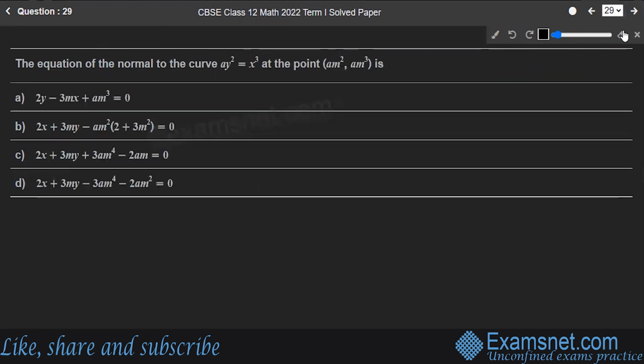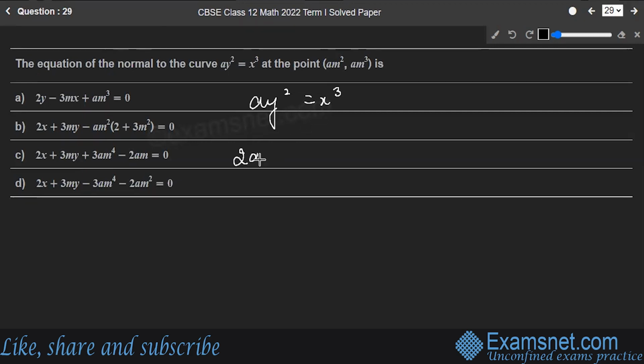Next question, number 29. Equation of the normal to this curve at this point is. So you have to find out the equation of the normal to the given curve at the given point. Fine. The given curve is a y squared equal to x cubed, right? Let's differentiate it with respect to x.